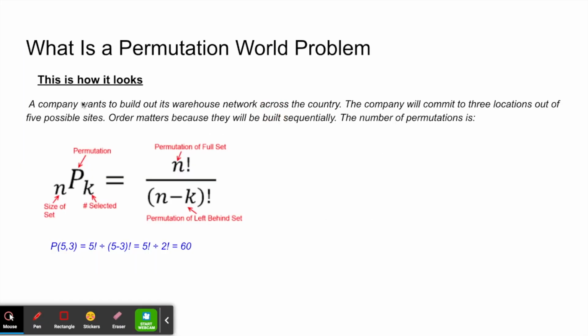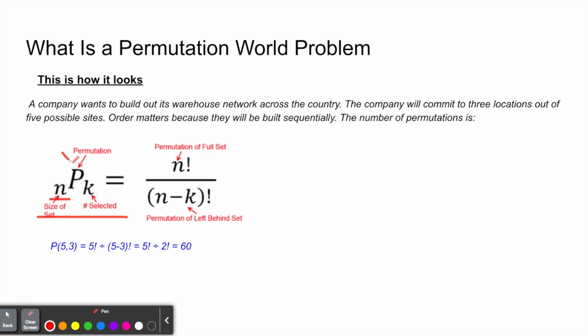So starting off, what is a permutation word problem? A permutation word problem is one in which you use real-life information given in word problems, and you use the information to find the number of permutations. So this is the general equation for permutations in a word problem. n represents the size of the set, the total number of permutations.